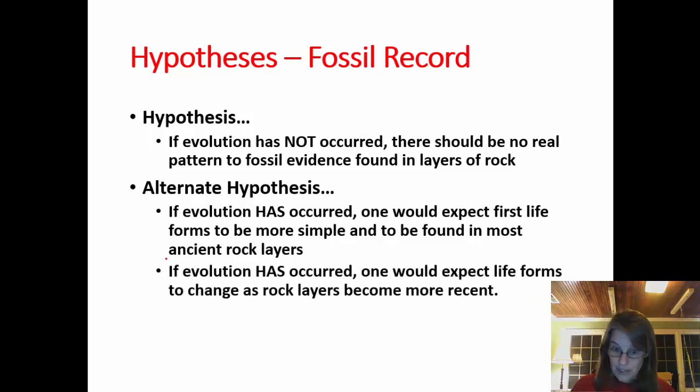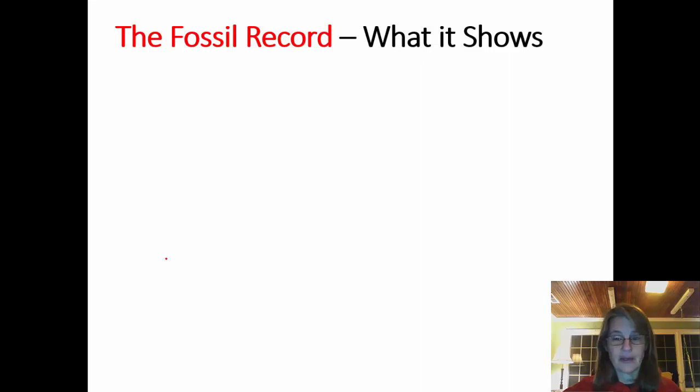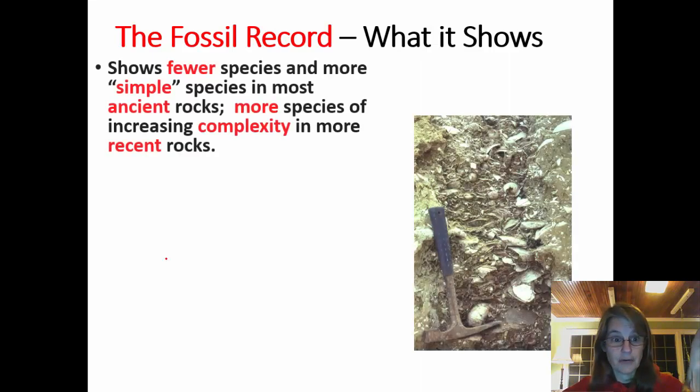And if evolution has occurred, we would expect not always to find the same life forms as we move up into more recent rock layers. We would expect those life forms to change over time, reflecting evolutionary change, and perhaps even becoming more complex. Okay, so what does that fossil record actually show us?